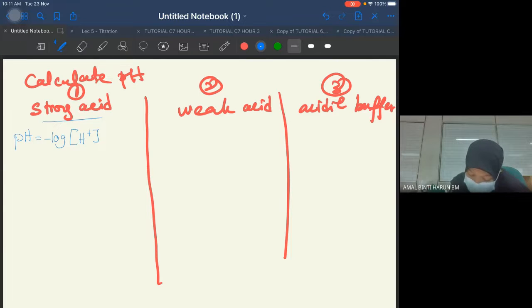For weak acid it is also the same, pH equals negative log concentration of H plus. But for the pH of an acidic buffer, that means a weak acid in the presence of salt. Sometimes the question does not even say whether it is a buffer or not. You yourself have to identify whether it is a strong acid, a weak acid, or a weak acid in the presence of salt.